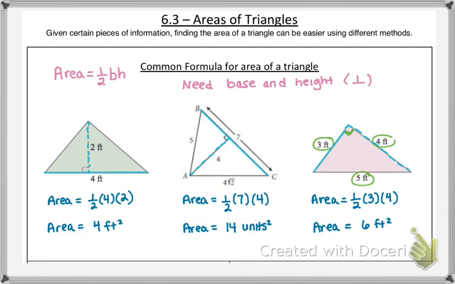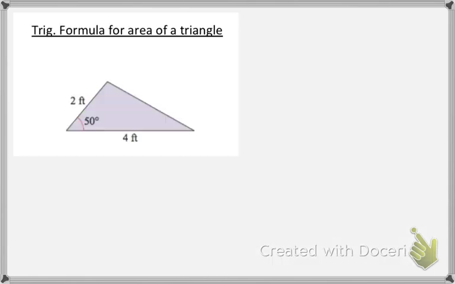Now let's look at the next triangle. Here in this triangle, we don't have a right triangle. We don't have a right angle, right? All we're given is that one side is 2 feet and another side is 4 feet, and we're given an angle in between. So in this case, if I were to use 1/2 base times height, I'm missing the height.